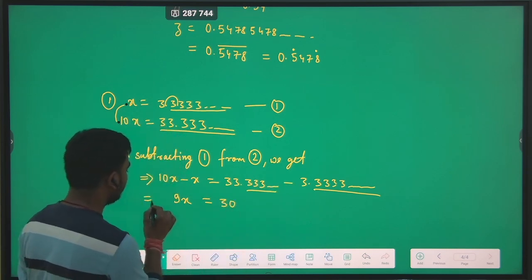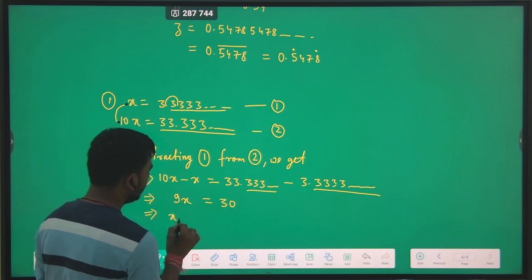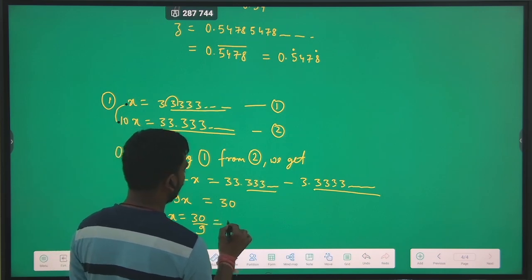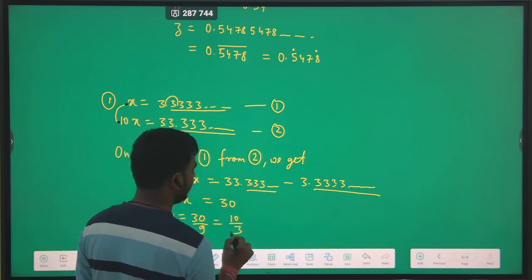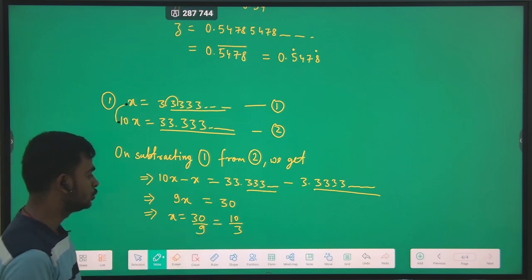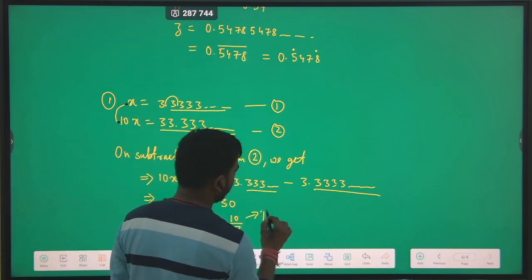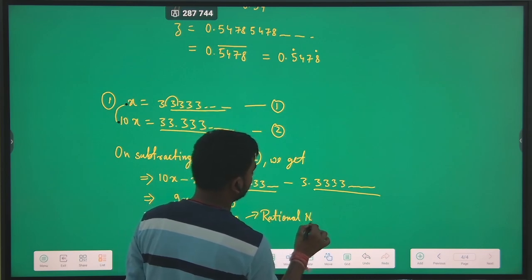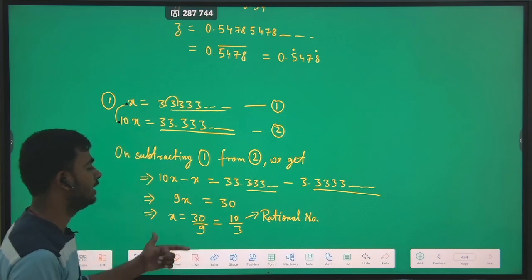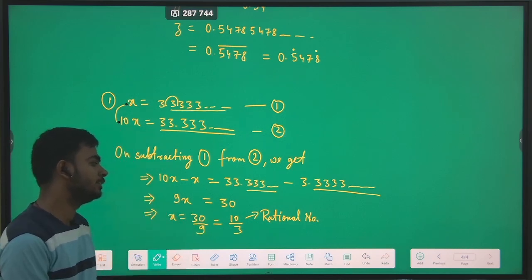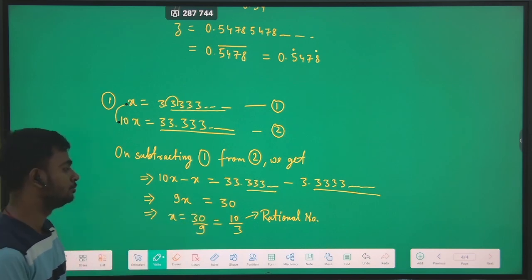So our x will be 30 upon 9, which is equal to 10 upon 3. So it is a rational number. So we have proved that any non-terminating recurring decimal expansion is a rational number.